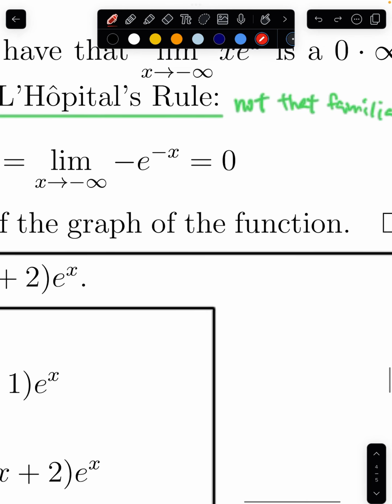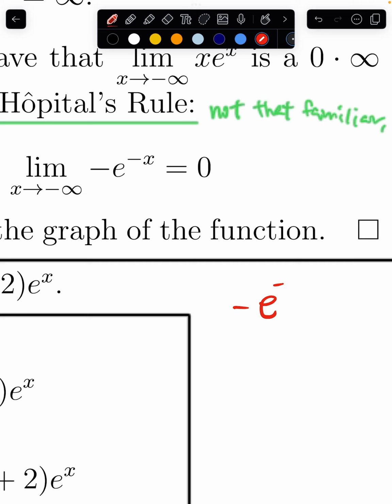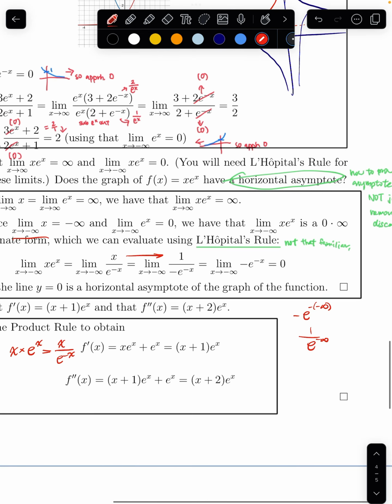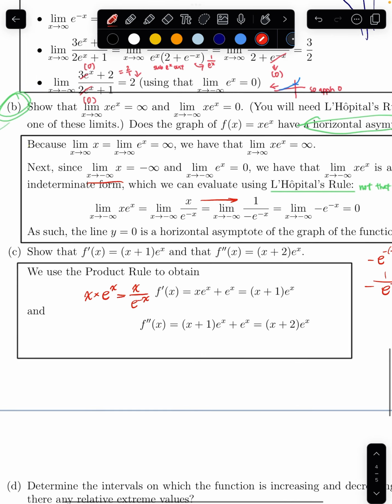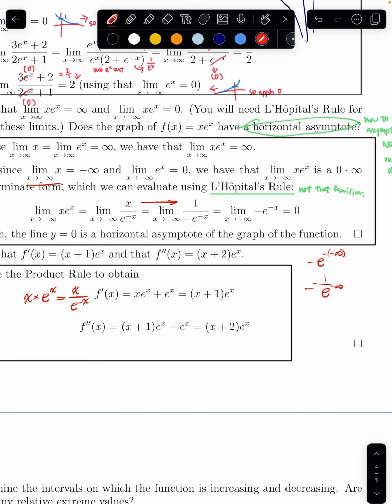And the reason why this approaches 0 is because negative e to the negative infinity just goes to 0. As such, the line y equals 0 is a horizontal asymptote of the graph of the function.